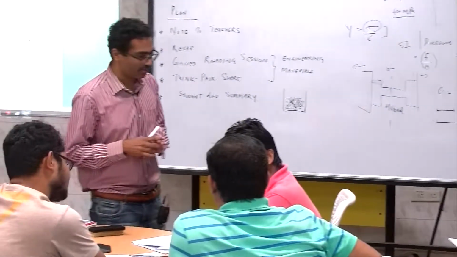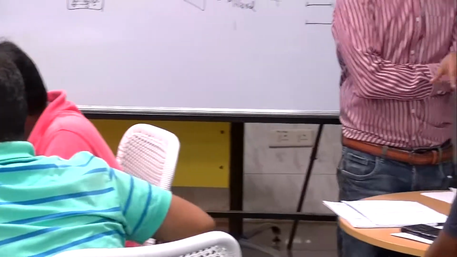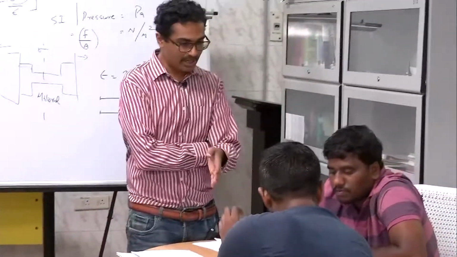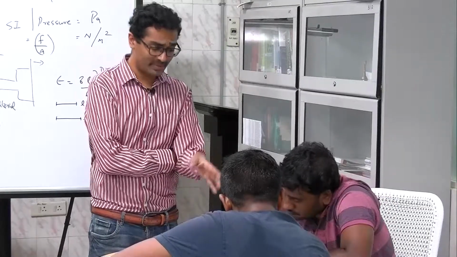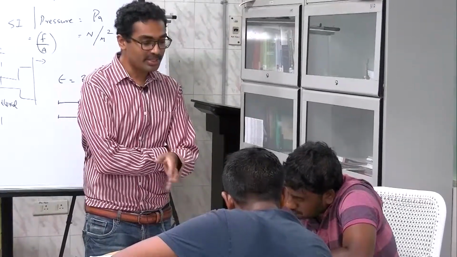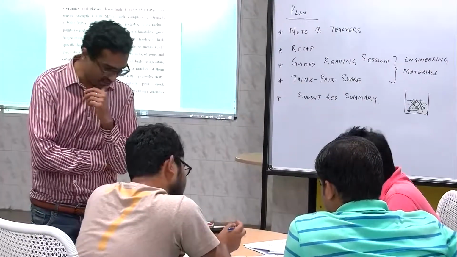I'll come to each one of you. Do you understand the question? Just one application of ceramics. You can also mention the name of the ceramic if you know, or you can say I know that ceramics are used in XYZ application, and that is because it has oxidation resistance. Do you understand the question?